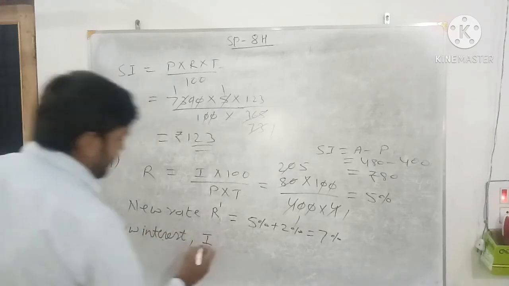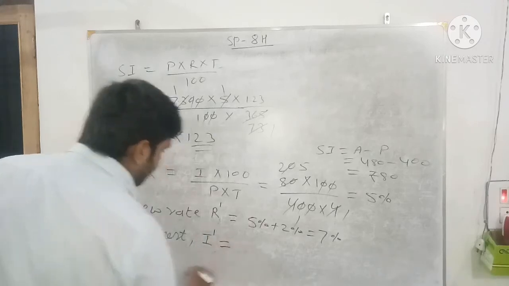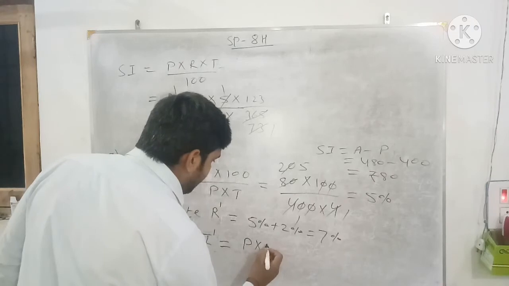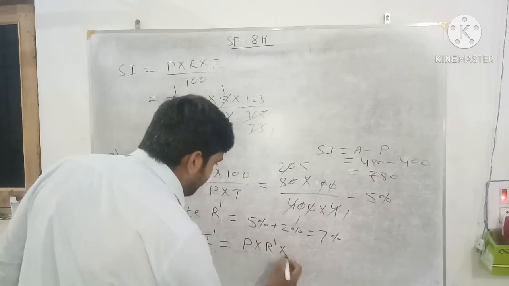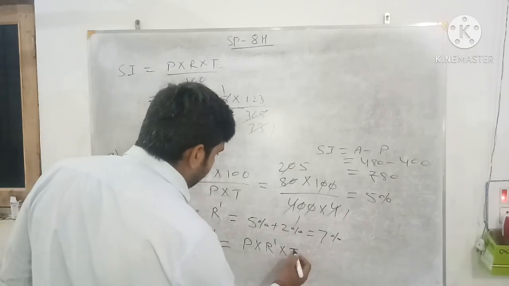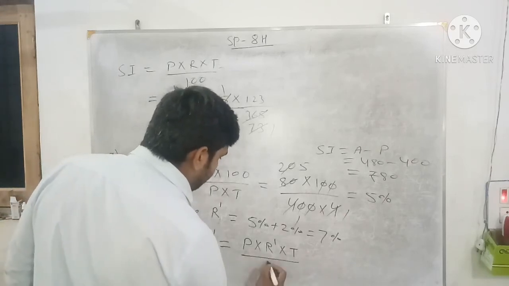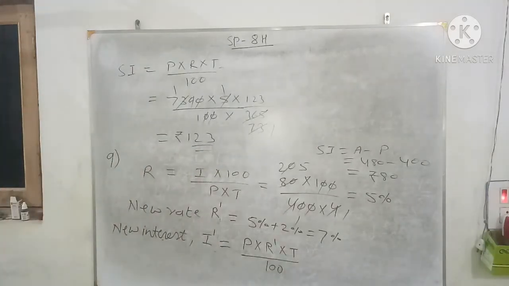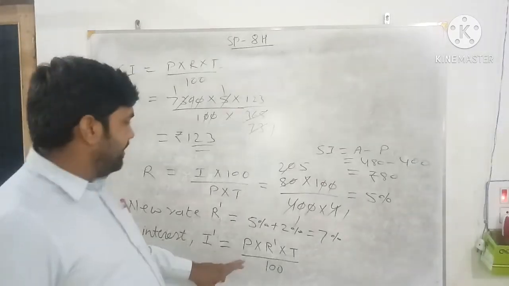That I dash will be P, principal will be the same, R dash, and the time will be the same. P R dash T by 100. So here now you put the principal.